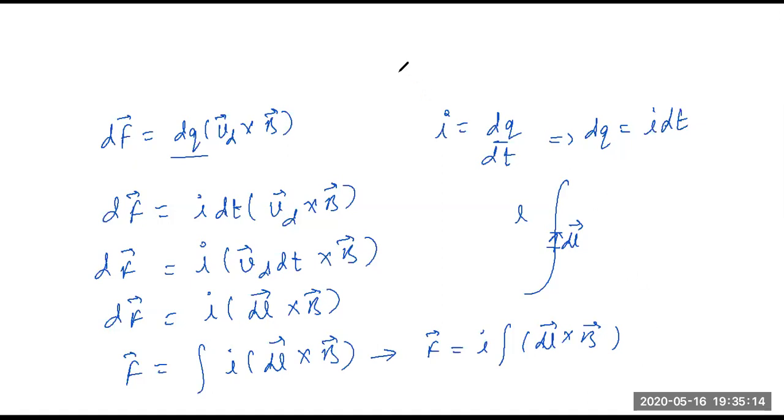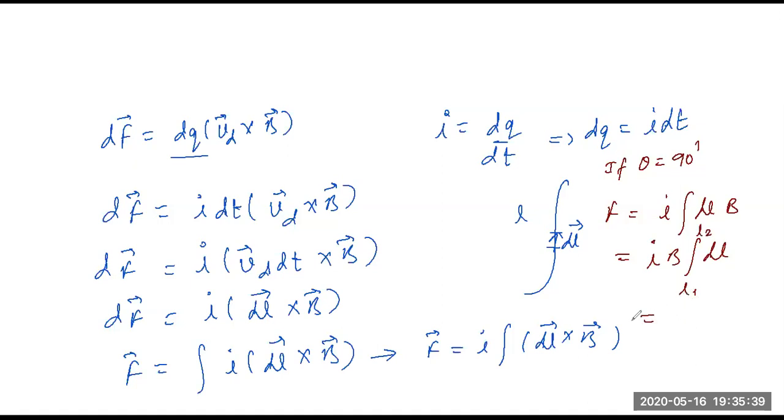So if theta is equal to 90, then F can be written as the integration of I dl into B. Now if B is a constant, then B can be taken out. This will be the integration of dl from L1 to L2, let's say, initial limit to final limit. So with indefinite integration, this will be IB into L. And with definite integration, it will become IB into L2 minus L1.